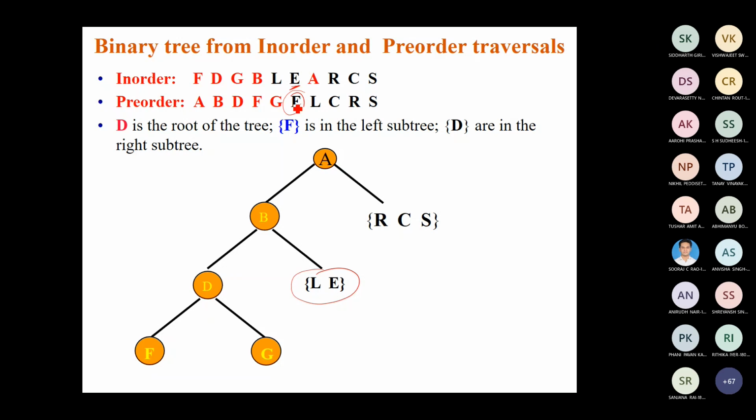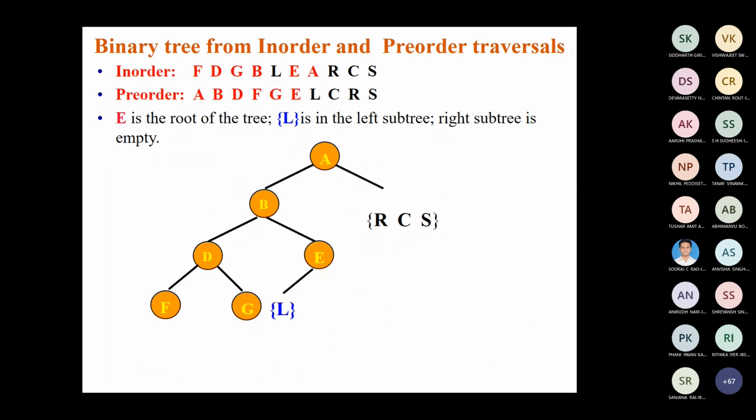In this case there is no right node for the node E. We have only one node to the left of E, which is going to become the left child of E. So construct a node with E as the parent node and L as the left child of E.